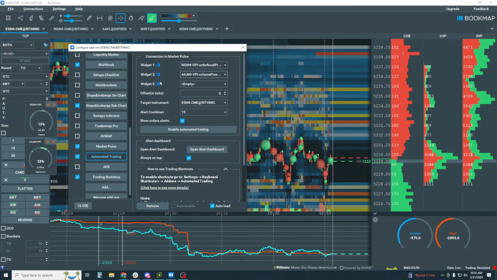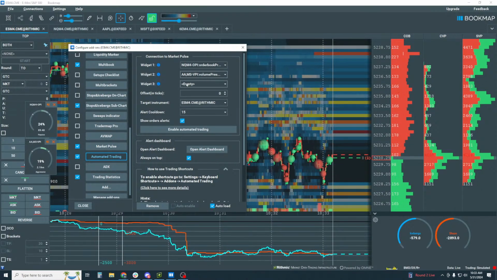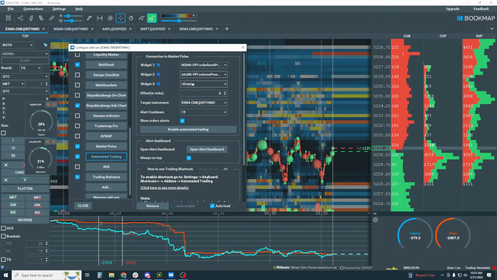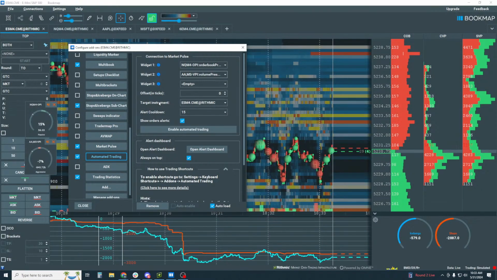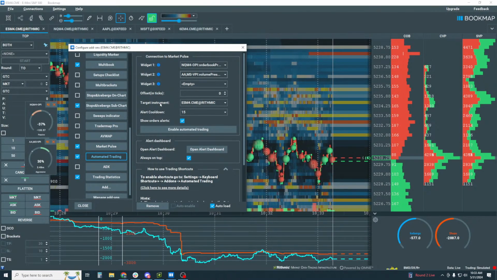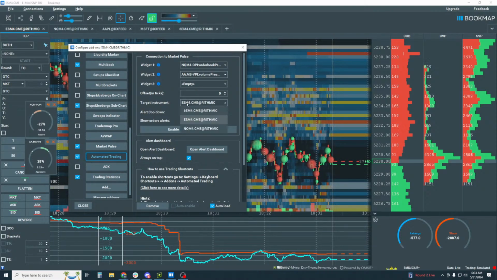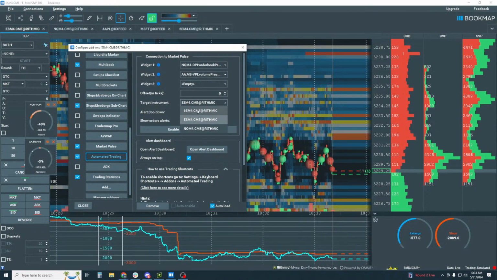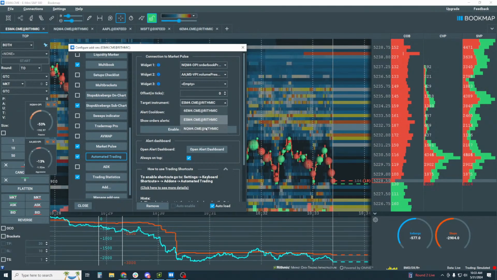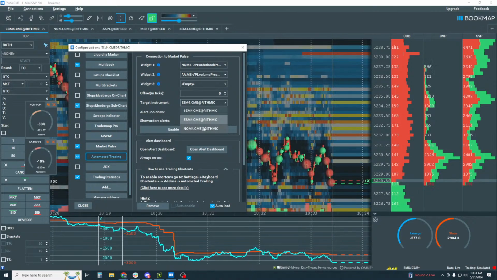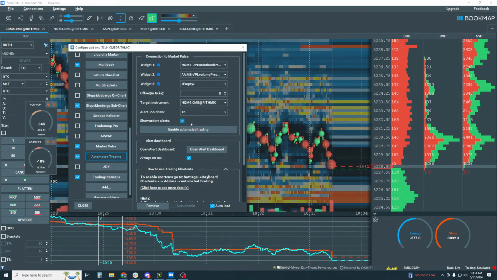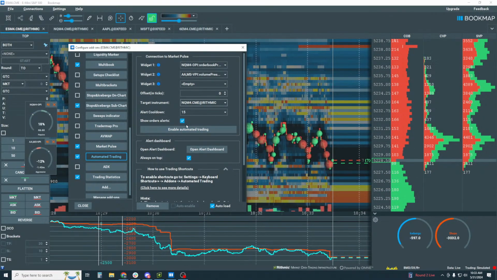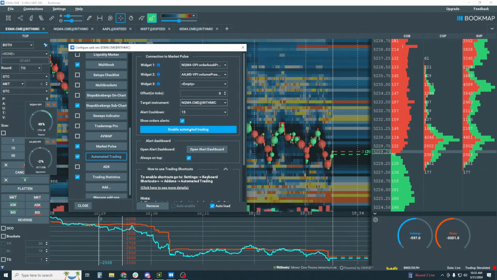You can also put in another widget from Market Pulse. Then we can target where we want to get the signal. It can be the ES, the 6E, the NQ, whatever. Let's target the NQ. And then we want to show alerts, and let's enable it.